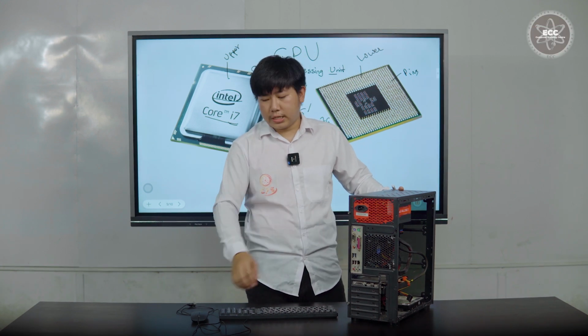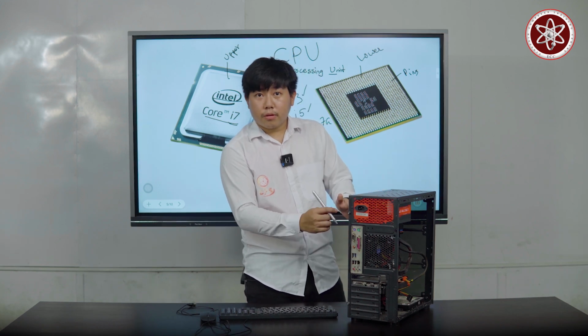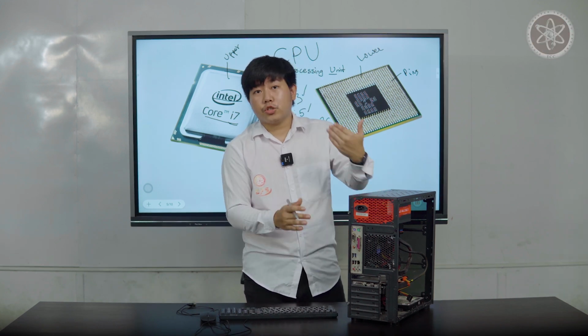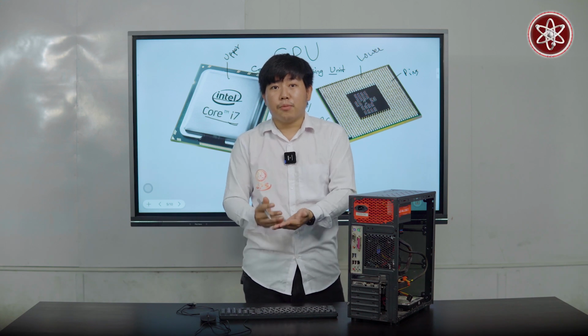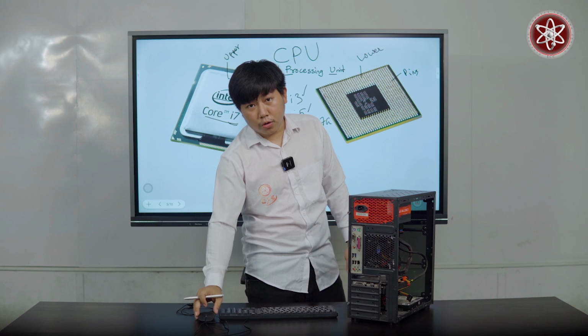And the CPU knows that it is moved to the left side. And in that case, the CPU provides that to the display and moves the mouse a little bit to the left. So that's how the CPU works.